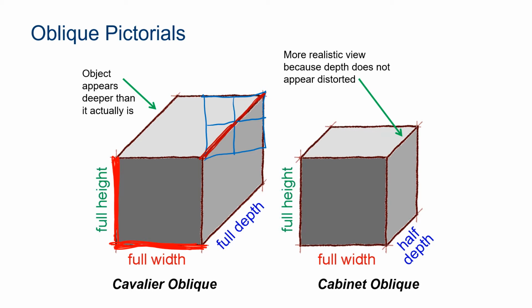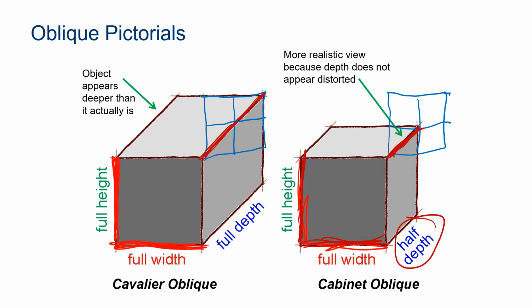Similarly, if you make this 1, 2, 1, 2, but now you only go back 1 grid space. So if there's your grid paper and you want to make a 2 by 2 by 2 cube, you did 2 over here, 2 over here, but now you're going to break the rule and only do 1 because you're going half the depth.